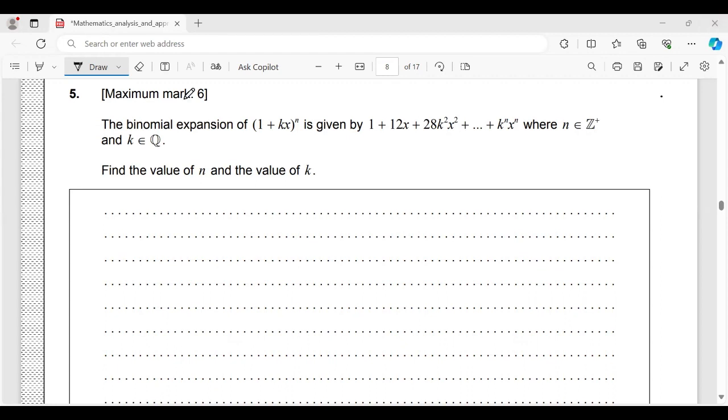Nice. The binomial expansion of 1 plus kx power n is given by this expansion. So this expression is the expansion of 1 plus kx power n. Find the value of n and k.